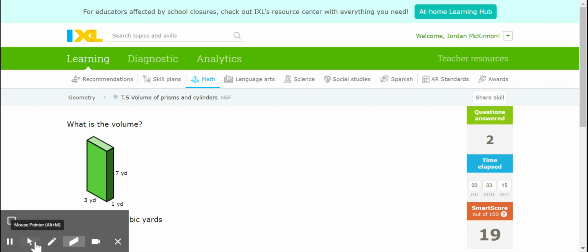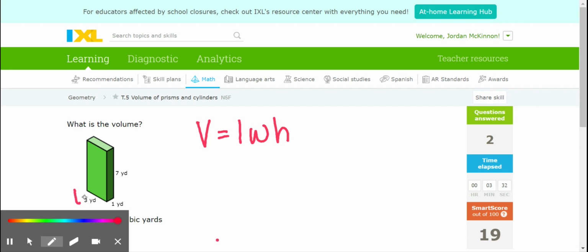Okay, so this looks a little bit different, but it's still a rectangular prism because it's still a box. So I'm going to use the same formula that I've been using, which is volume equals length times width times height. So this is going to be length. I'm going to label this width, and this height.